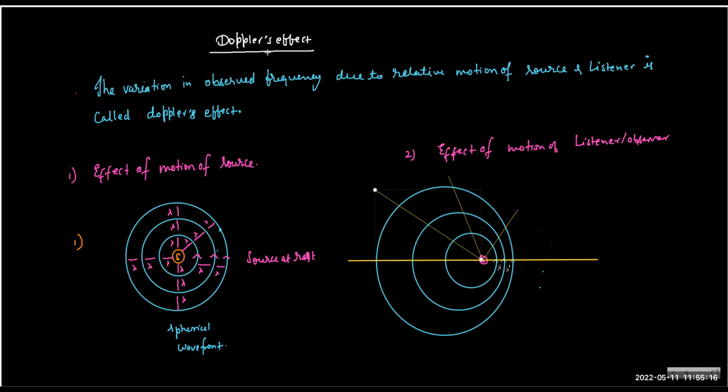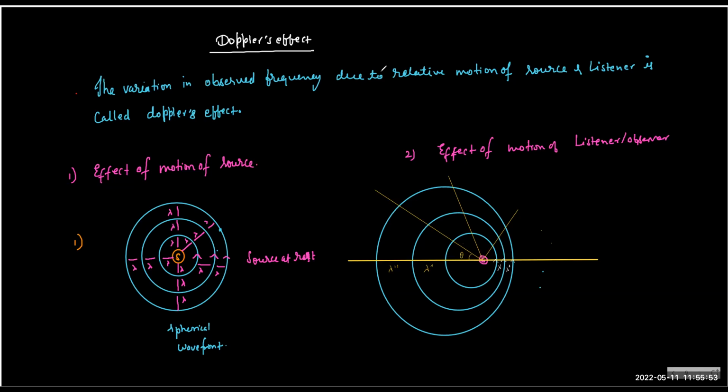In the direction of motion it will have the least value, and in the direction opposite to motion it will have the biggest value of lambda. In fact, lambda will vary from angle to angle. For every angle there is one lambda, so lambda keeps changing as you point towards a different direction. So we can observe that the motion of the source actually affects the wavelength.